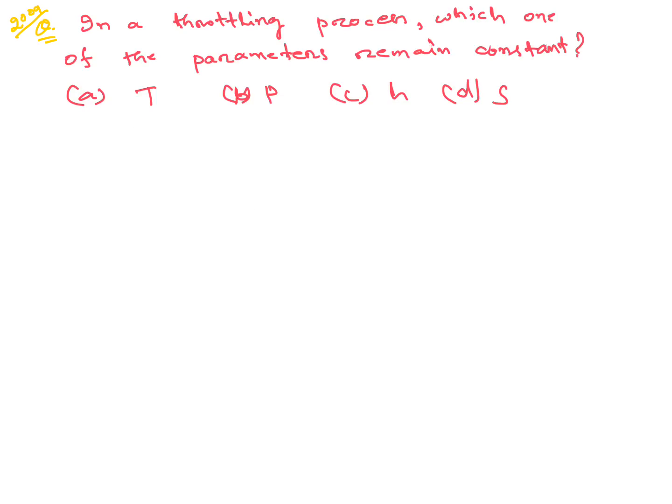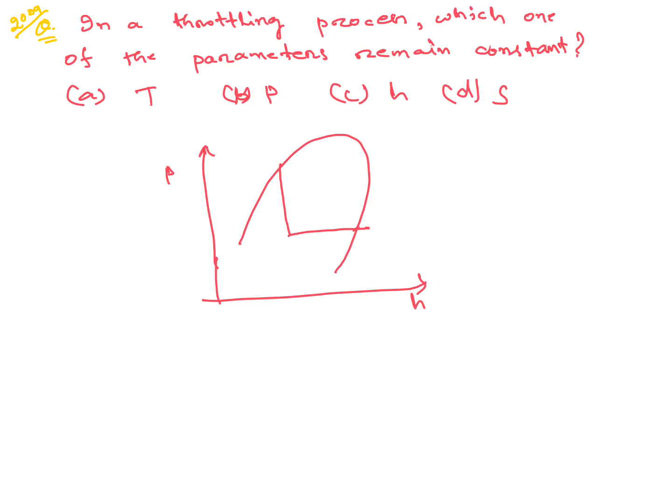This question was asked in IES 2009. In a throttling process, which one of the parameters remain constant? VCRS graph I will show you. Vapor compression refrigerating system, pH chart. 1 to 2, then 2 to 3, 3 to 4, 4 to 1.